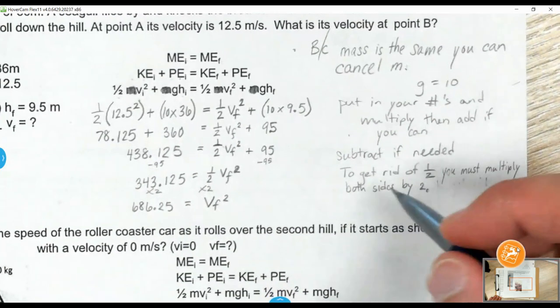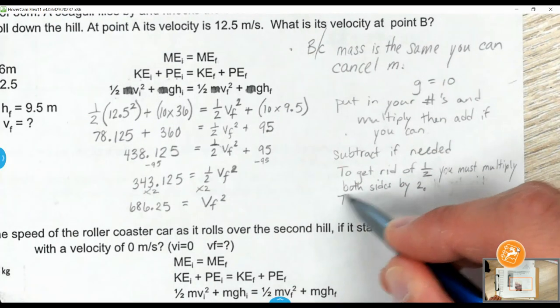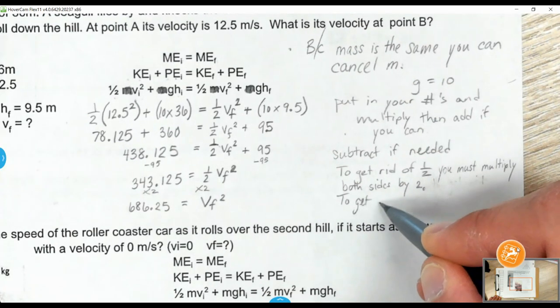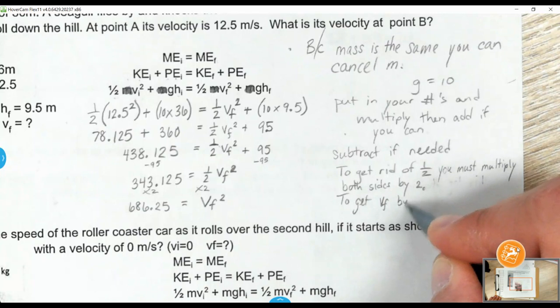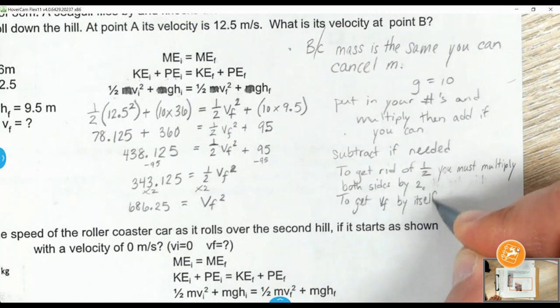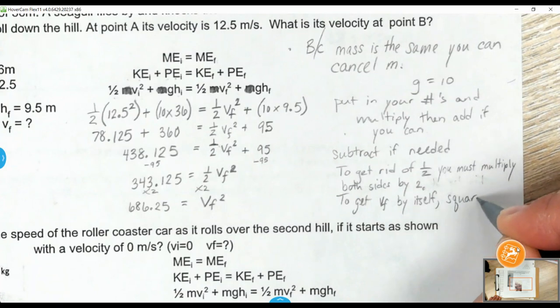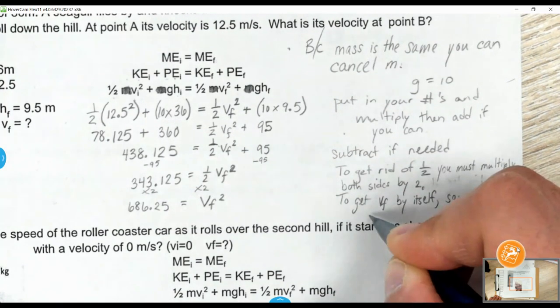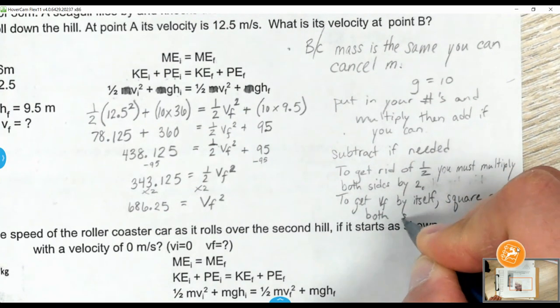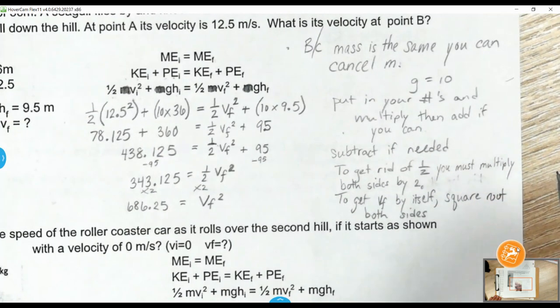All right, now to get v_f by itself, square root both sides.